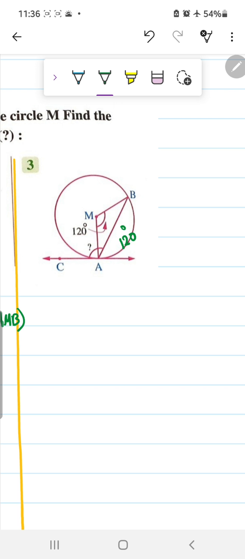And as we said, the measure of the circle equals what? 360. Here, this circle is divided in two arcs, AB minor and AB major. So the measure of the major AB equals 360 minus 120. It means the major AB equals 240 degrees.